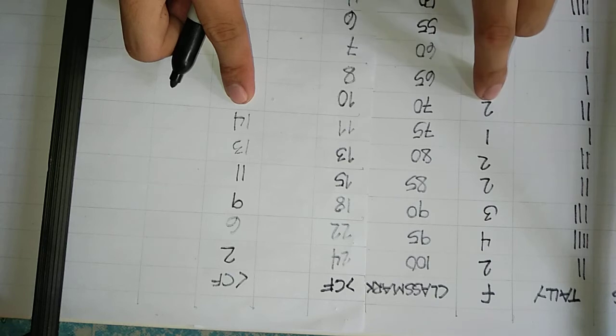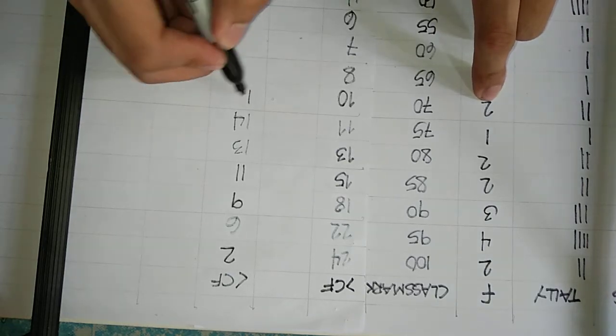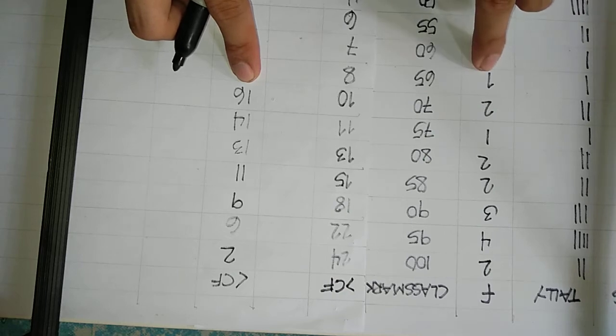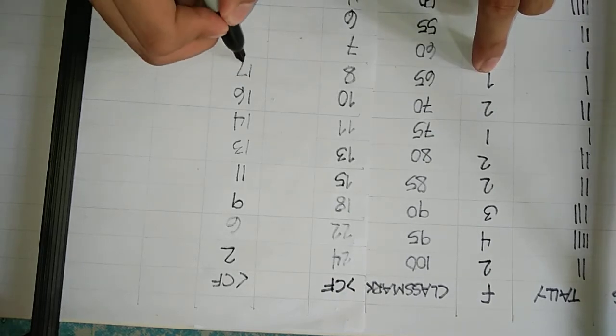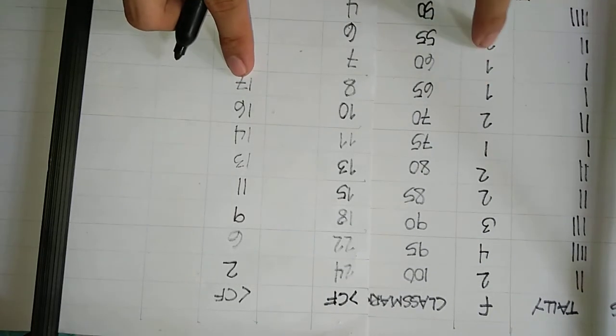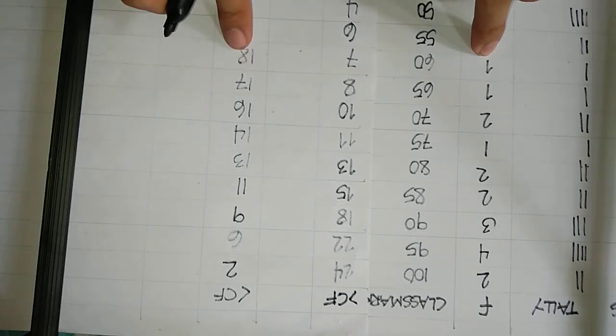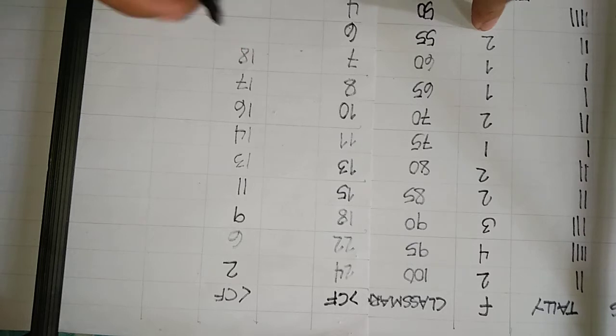And 14 plus 2, we have 16. 16 plus 1, 17. 17 plus 1, we have 18. 18 plus 2, we have 20. And 20 plus 4, we have 24.